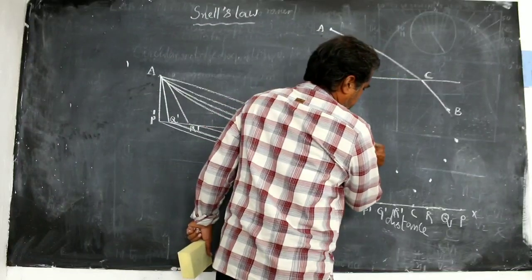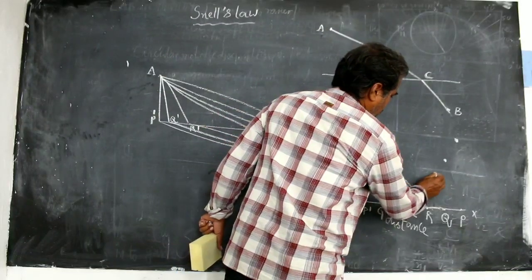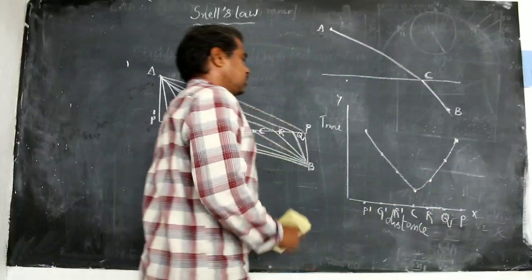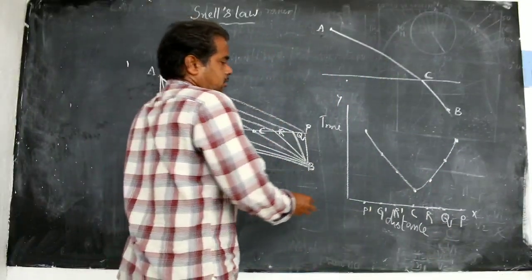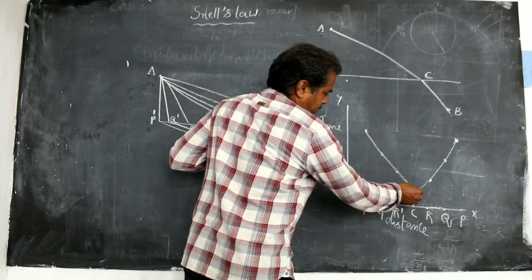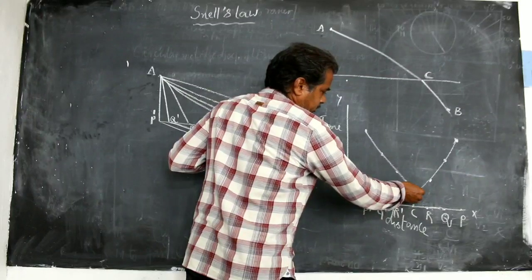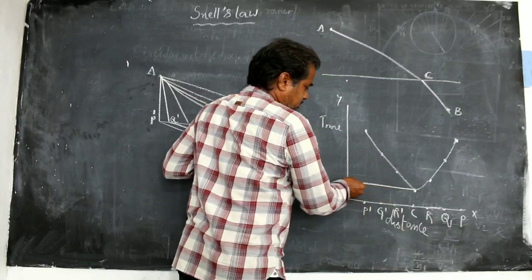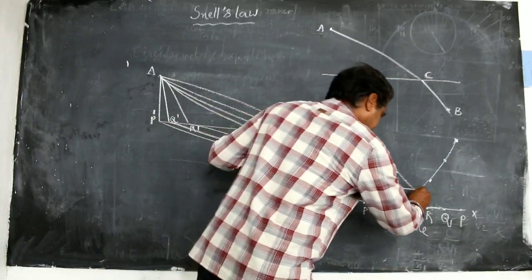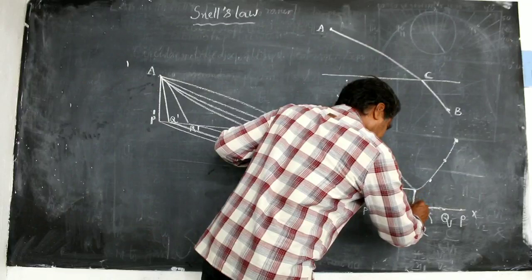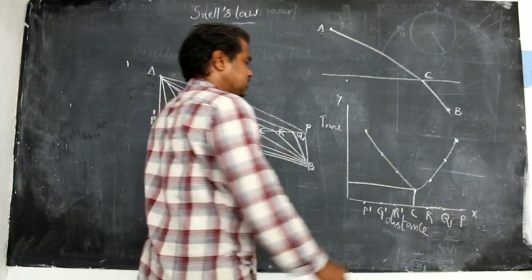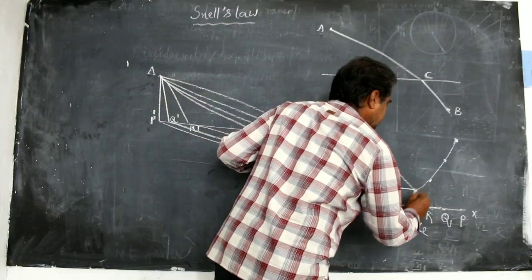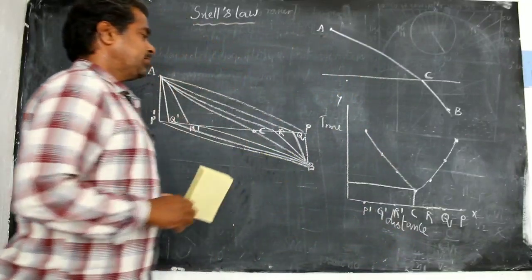Join all these points and we get one fine curve. From the bottom of the curve, draw one line parallel to the x-axis and one line parallel to the y-axis. Then we get the least time taken path.